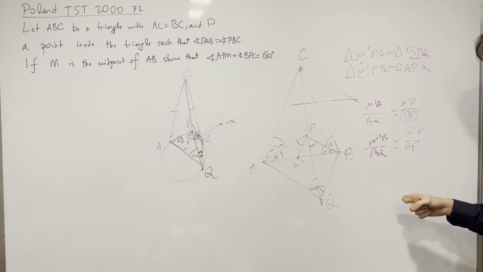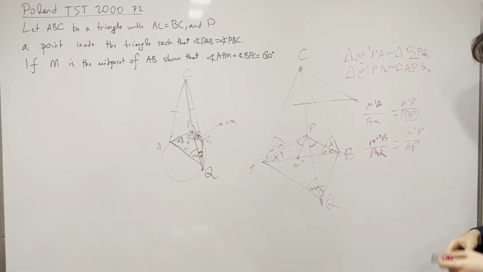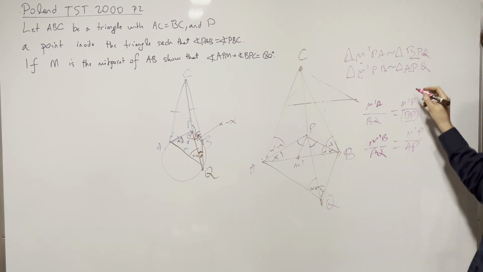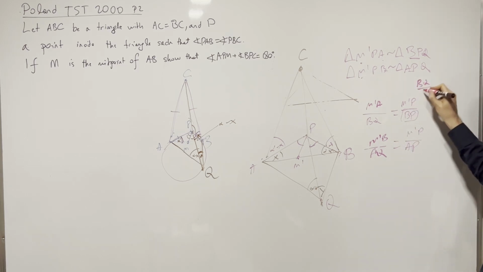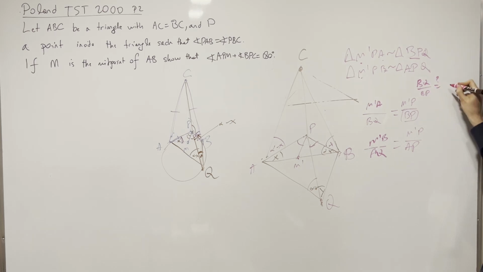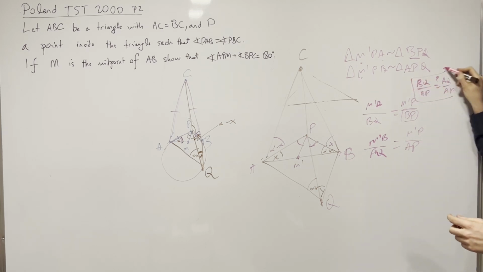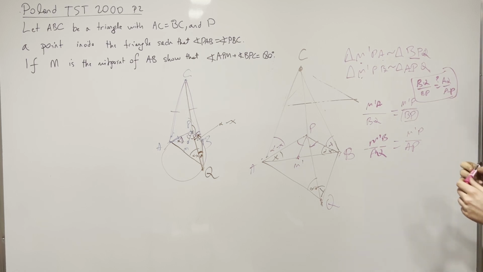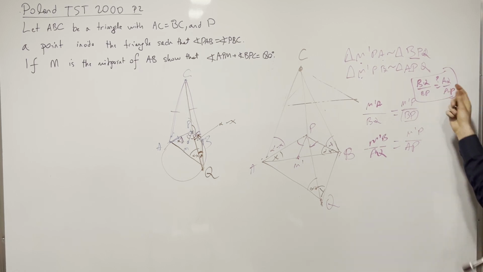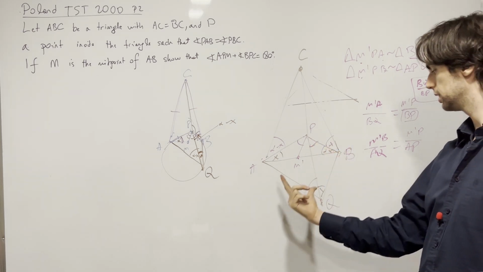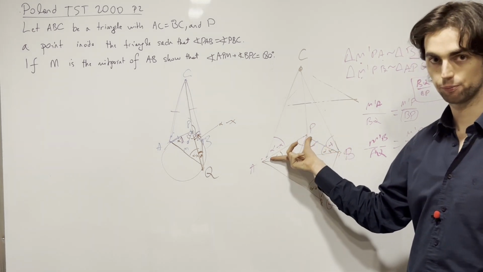Well, it's equal if M prime P cancels out here, and it's equal if and only if BQ over BP is equal to AQ over AP, when I multiply these things through. So now I need to prove that BQ over BP is AQ over AP.